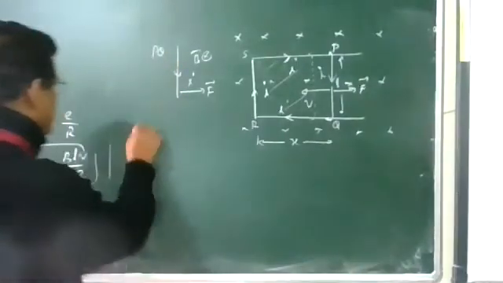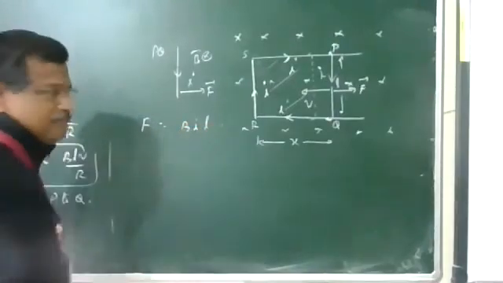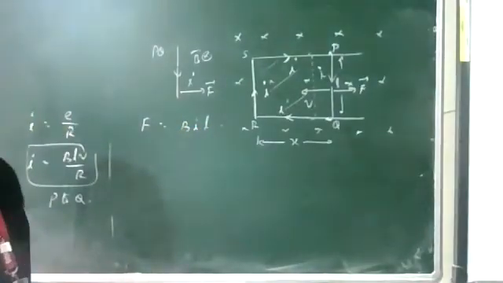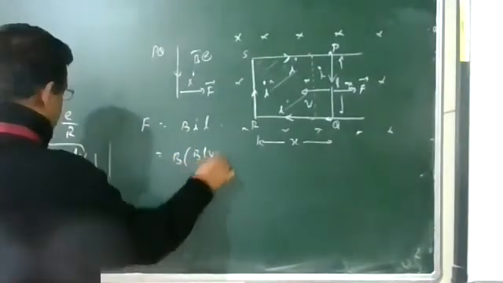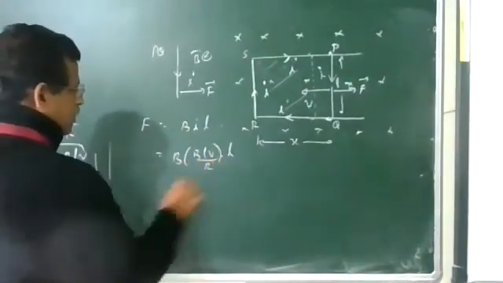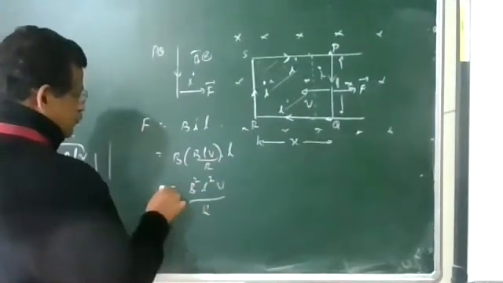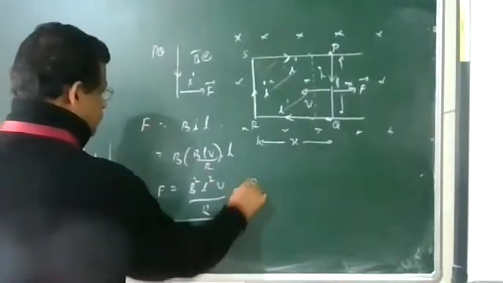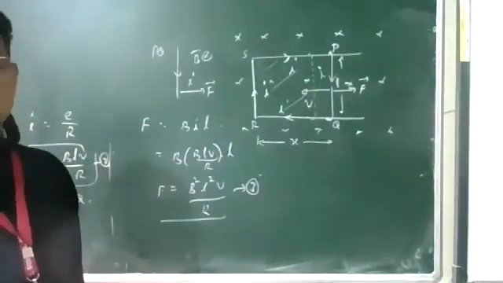So the force experienced is given by F equal to BIL sin theta, and since it is perpendicular, F equals BIL. Substituting the value of I as BLv divided by R, we get F equal to B square L square v divided by R. This is equation number 3: EMF, current, and the force.